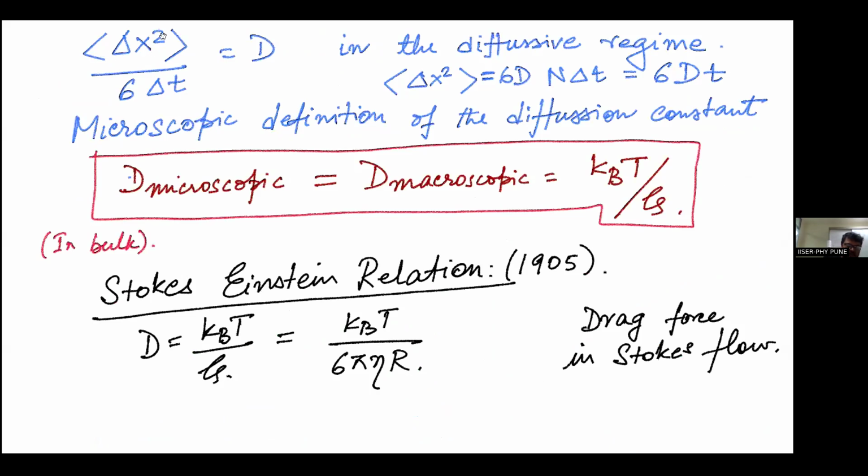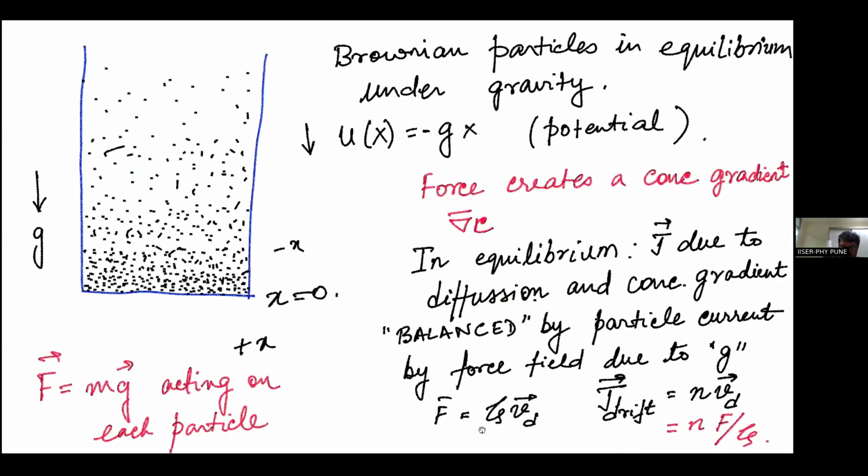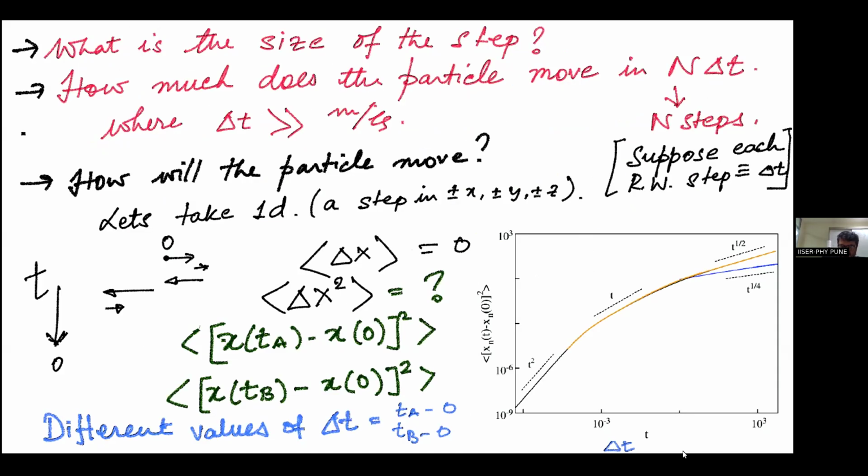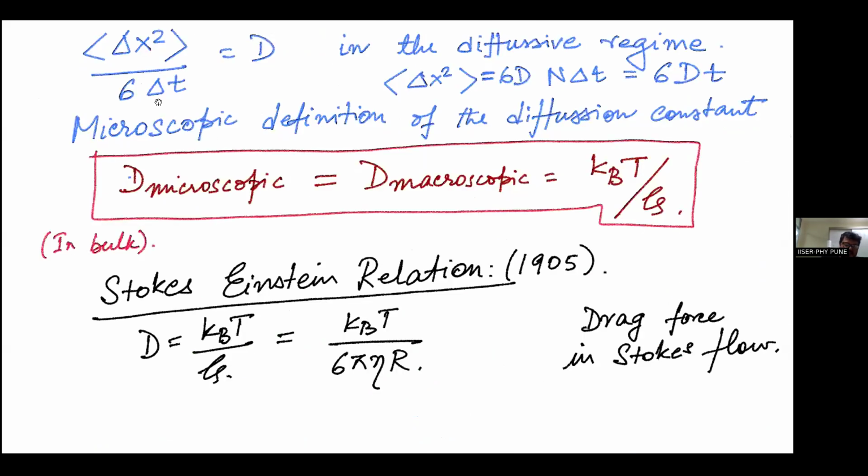And once you have identified this part, now if you divide delta x whole square average, the MSD, by the time, looking at different times, basically displacement squared divided by delta t. Suppose you calculated delta t here. 6 delta t gives you the diffusion constant, except now you have calculated the diffusion constant from microscopic quantities.